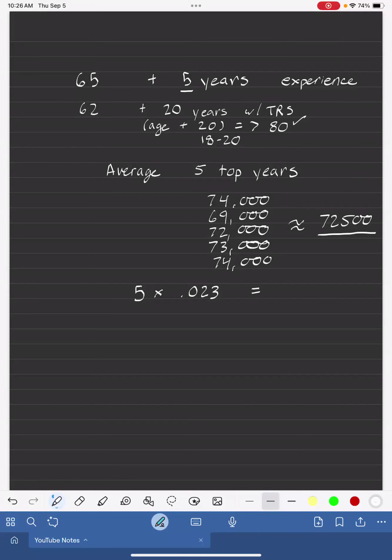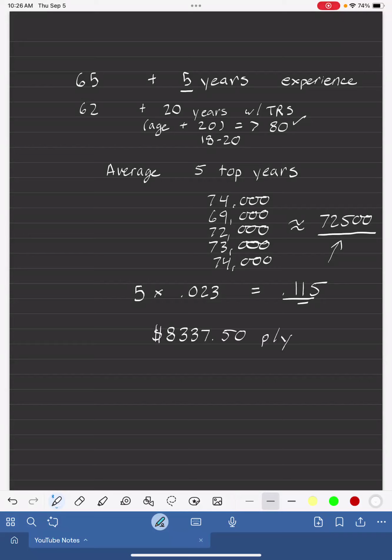So in this case, 5 times 0.023 is 0.115. You take this number and multiply it times what your salary was. So in this case, your average salary was 72,500. So this means per year you would retire with $8,337.50. That is per year.